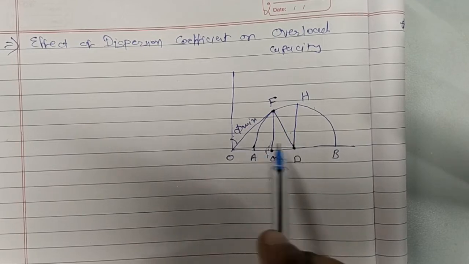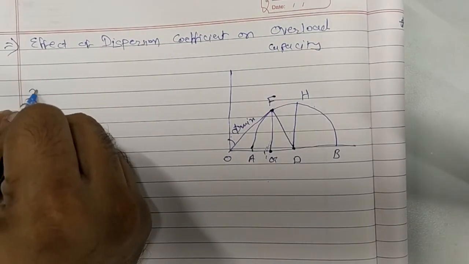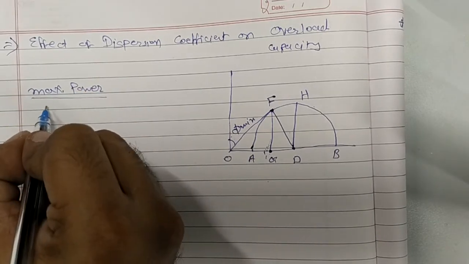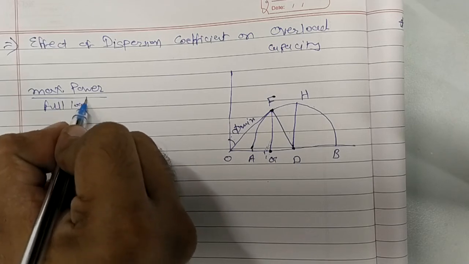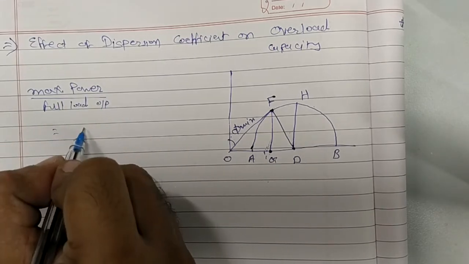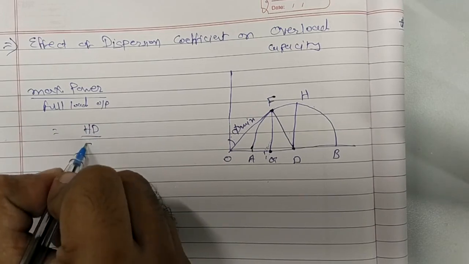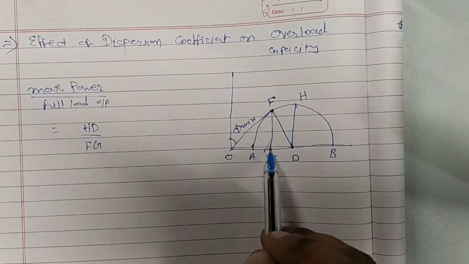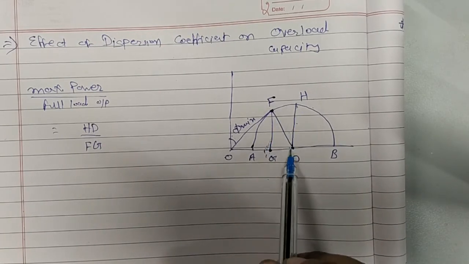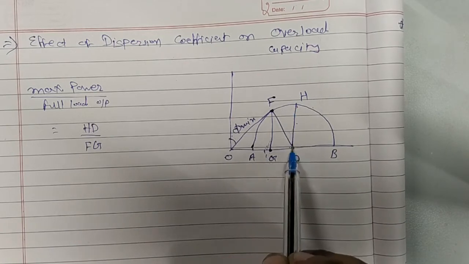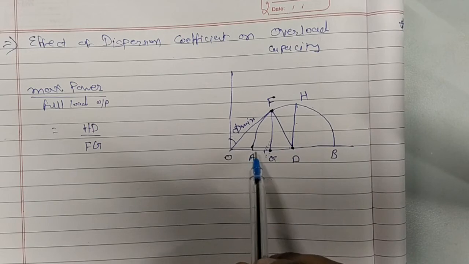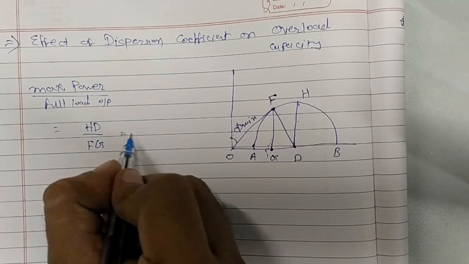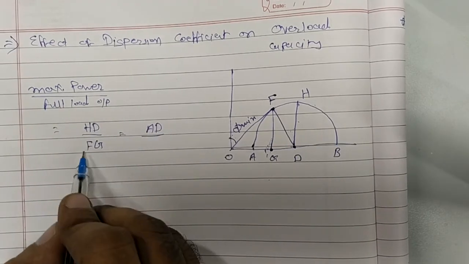Simply from this diagram I can say that the maximum power divided by the full load power or full load output is nothing but HD upon Fg, meaning this power divided by this power. But HD, what is it? Again it is the radius, which is the same as AD. AD is also the radius, so I can write AD instead of HD.